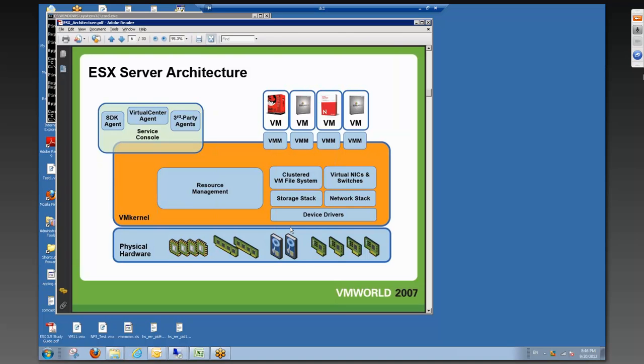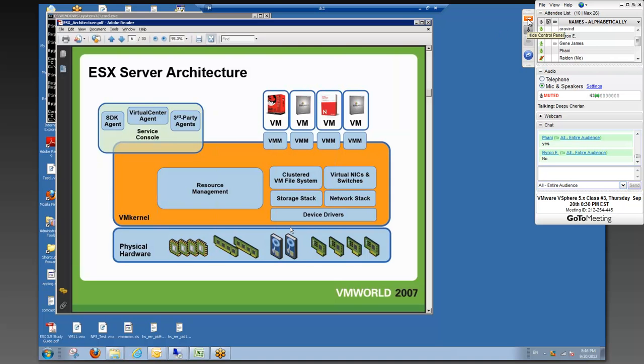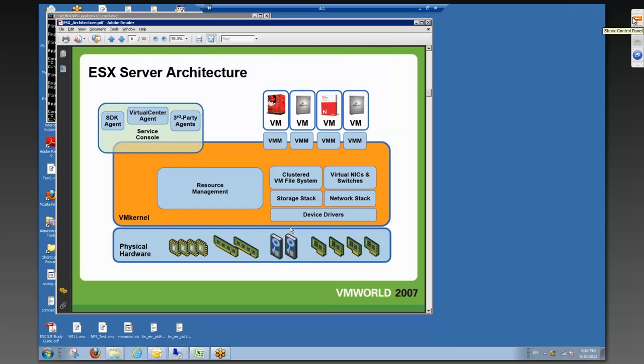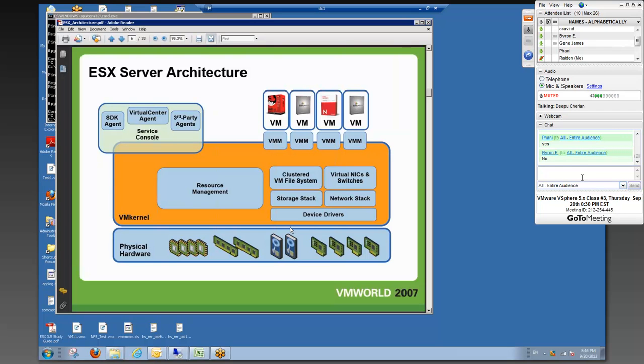Okay, so let me talk a little bit. This is something I forgot, or maybe these are things that come into my mind, and whenever it comes, I think I should spit it out. The 4 things that you're seeing in that physical hardware: memory, processor, storage, and networking.